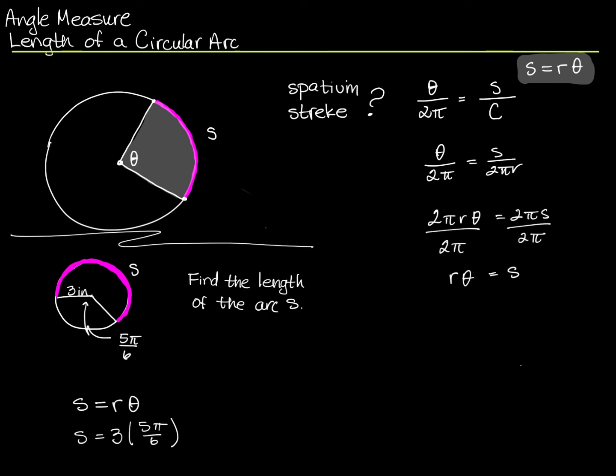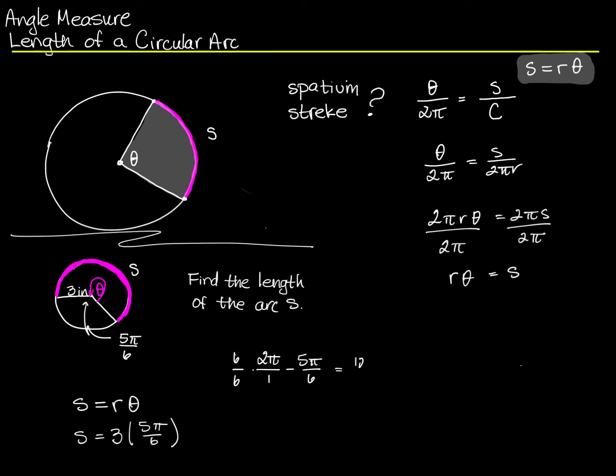I'll use pink. What this theta is, the one that starts here and goes around to there. Well, the whole thing would be 2 pi. So 2 pi minus 5 pi over 6. I have a common denominator of 6.